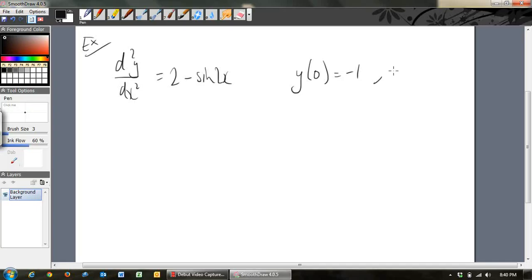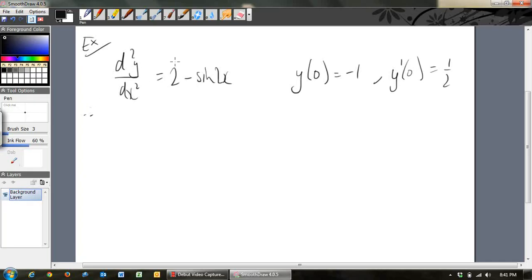And we're also given y dash of 0 equals half. Just let me check that, make sure, when x equals 0. Okay, so good. So let's have a look at this. Firstly, let's find the general solution. So let's work through that.